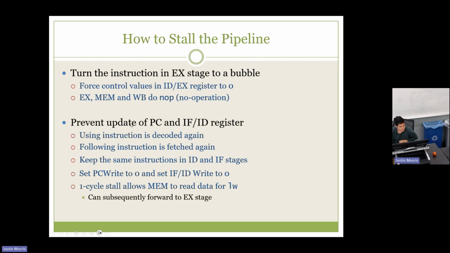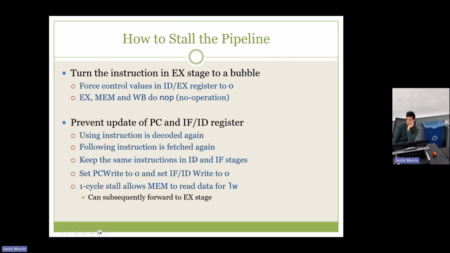And the other thing that we need to do is stall. So this inserts the no operation. This is our stall. So we need to prevent the update of PC so we can redo fetch, and prevent the update of the instruction fetch and instruction decode register to redo our decode. So the instruction where we detected the hazard does decode again. The instruction behind it is fetched again.